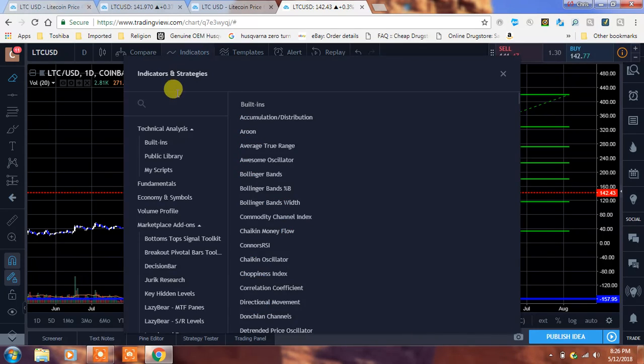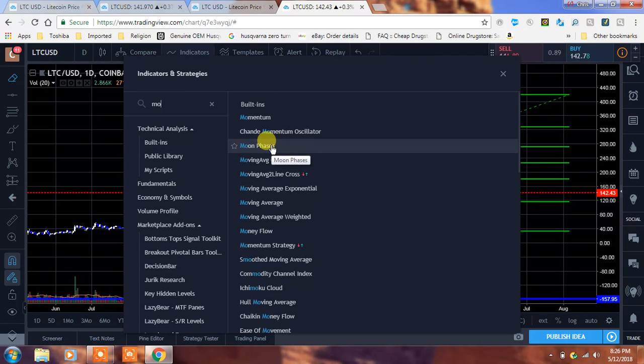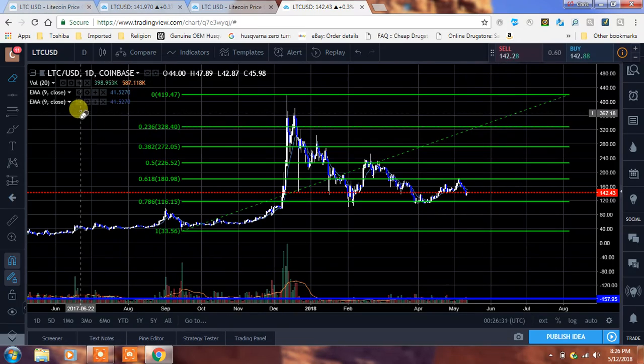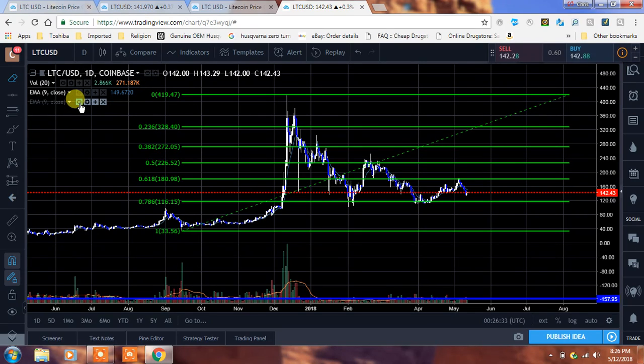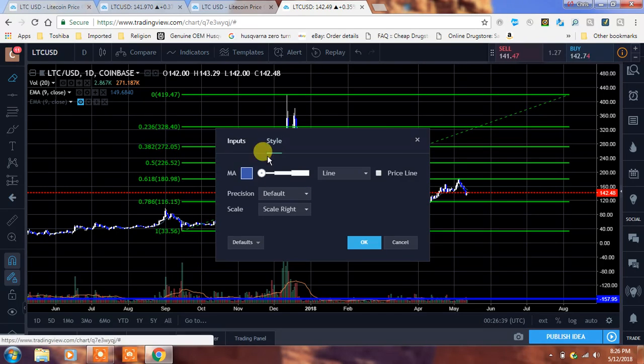Let me see in terms of this, some moving averages. Okay, let's do our exponential on here. Okay, so let's look at the 100-day style.